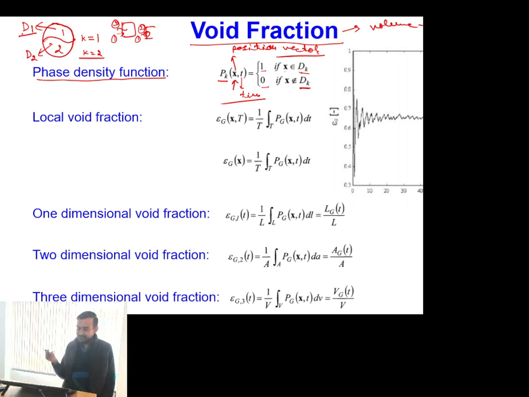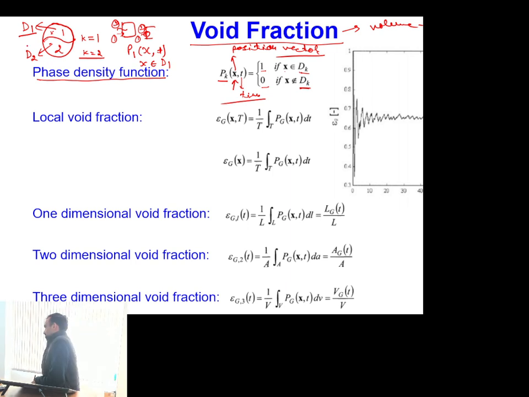Now if I consider my phase density function p1 corresponding to position x comma t, such that this x belongs to d1, what does it mean? It means my position vector is somewhere in the domain of fluid 1.